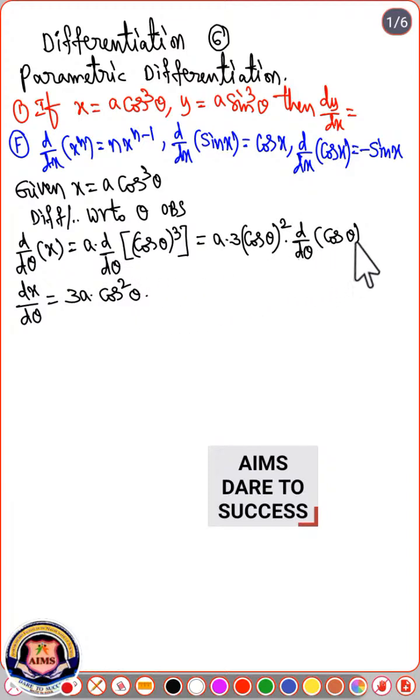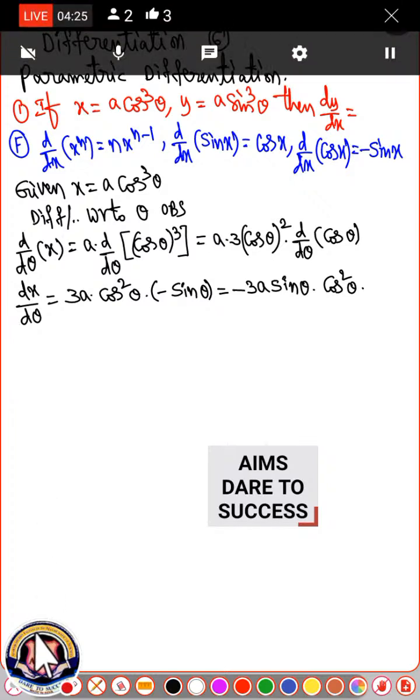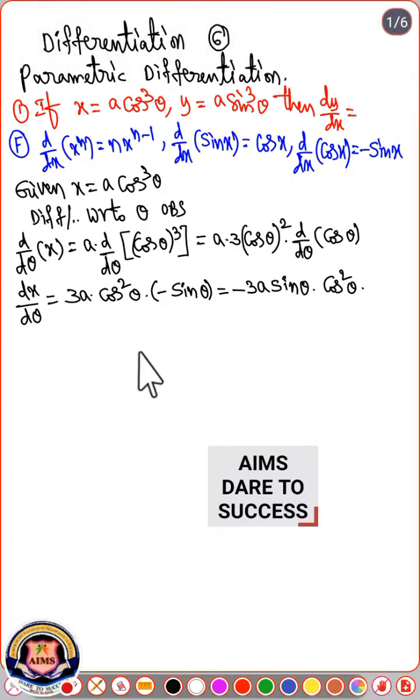After that, d by d theta of cos theta looks like the derivative of cos x, whose answer is minus sin x. So d by d theta of cos theta is minus sin theta. So in total this value can be written as minus 3a sin theta into cos square theta. This is the dx by d theta value.